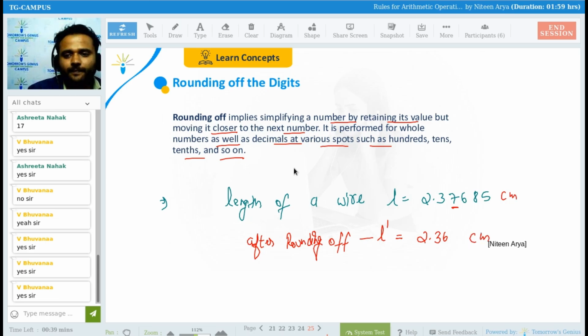Is this clear, beta? Is this clear, everyone?